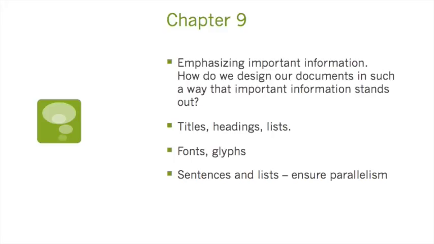Also, you need to be sure at the same time when you're trying to emphasize information that your sentences are fulfilling that purpose. If a sentence is so long that the information that's important in it gets lost, then you'll want to convert that sentence into a list. And Chapter 9 goes through that information and what the best way to create a list is.